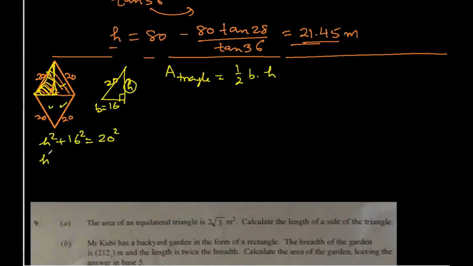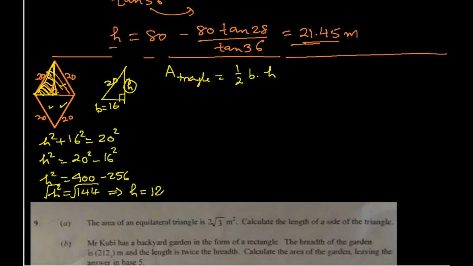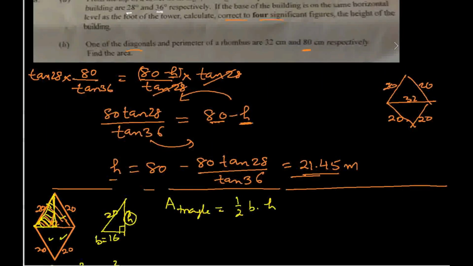So h squared equals 20 squared minus 16 squared. That is 400 minus 256, and that is 144. If I square root both sides, h comes out to be 12 centimeters.